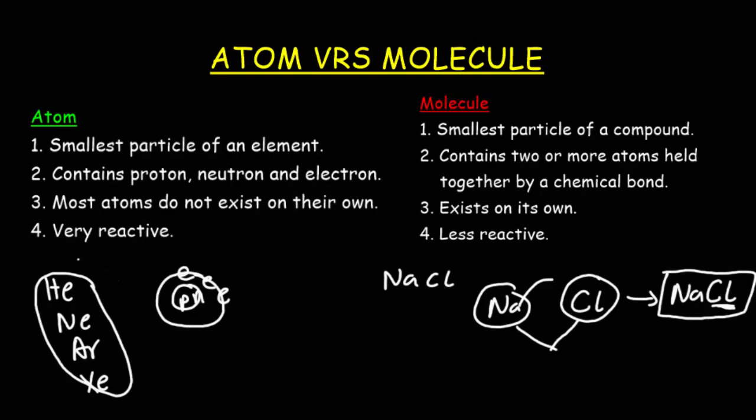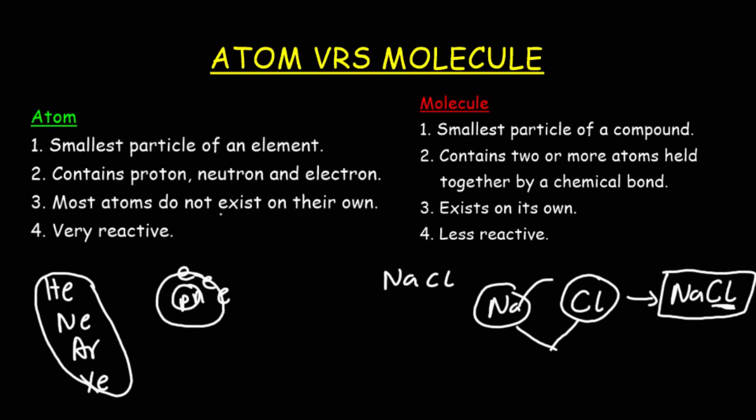Then the fourth difference is that an atom is very reactive. An atom has a very high tendency to interact with others. Because most atoms are not stable and do not exist on their own, they always want to interact with other atoms.